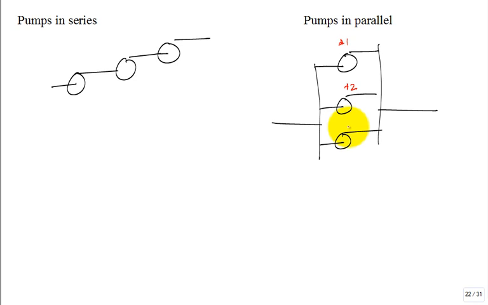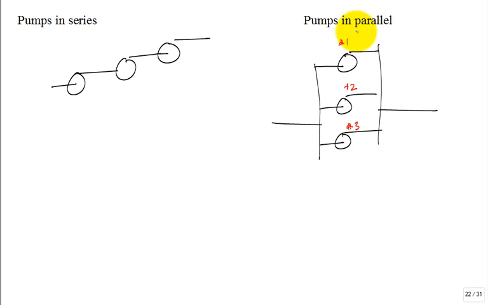I need to run pump number 1, number 2, and number 3. But on a modest day, I shut off pump number 3, or I start playing with which pumps to shut off and turn on. Now, it's easy to analyze the pumps in series as well as pumps in parallel if they're the same pumps. That's nice.